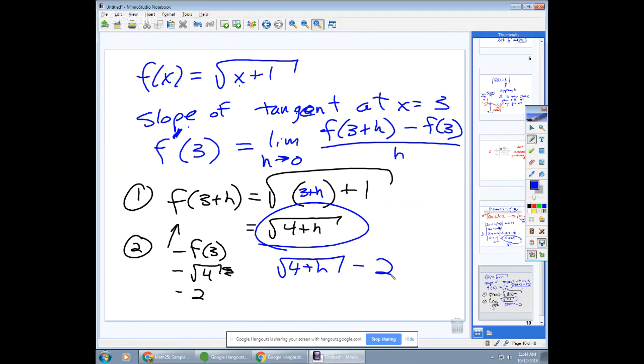This is my f of 3 plus h, and that is my f of 3. Can't do any more with it; this was just simplifying. So I just found my numerator. Now I need to throw the denominator in.